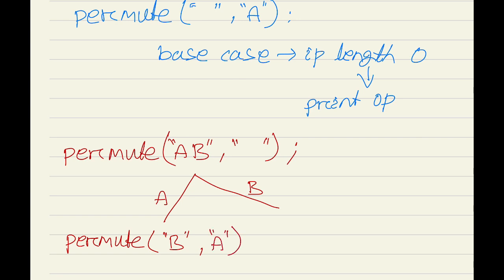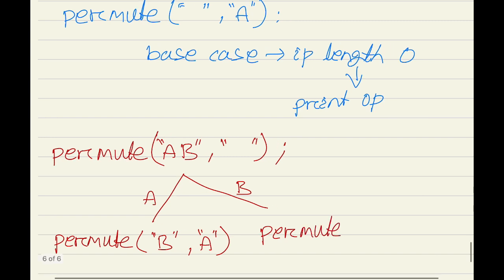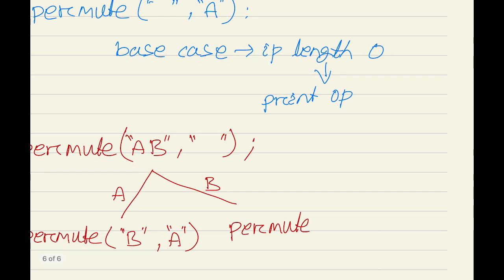Now if we select B, the permute method is going to be reduced in this way. We can write permute the remaining character excluding the selected one, so it is A, and the selected character is concatenated with the output.